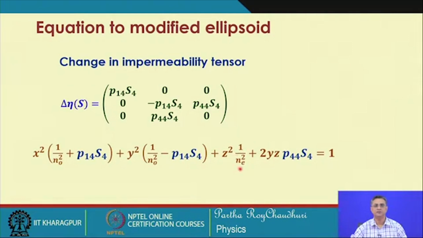But the z squared term is not affected, because the change contribution is 0 in this case.